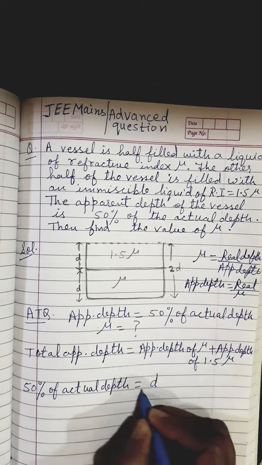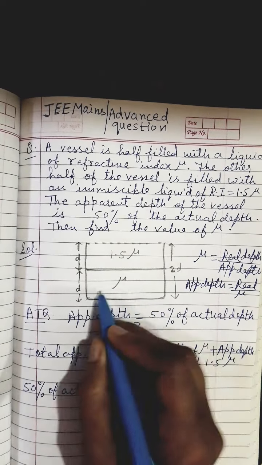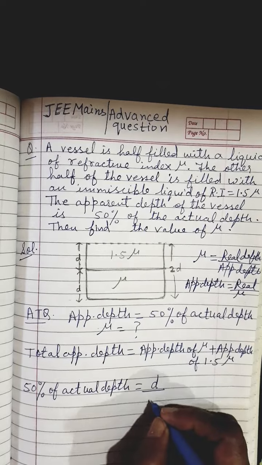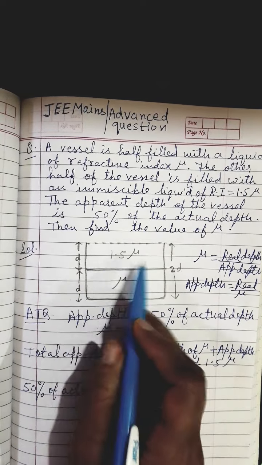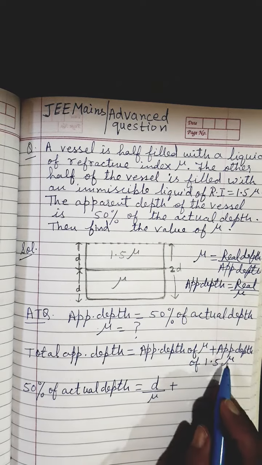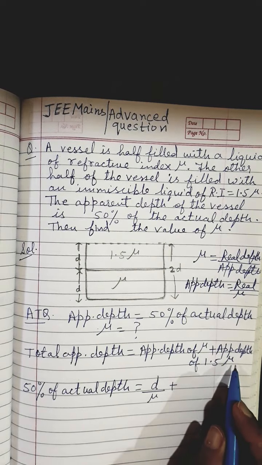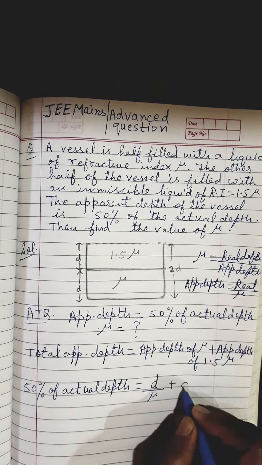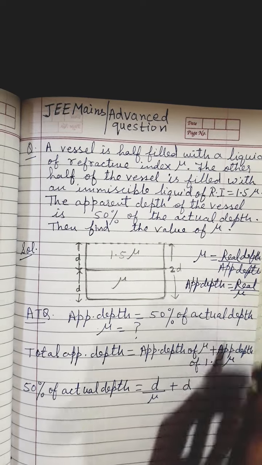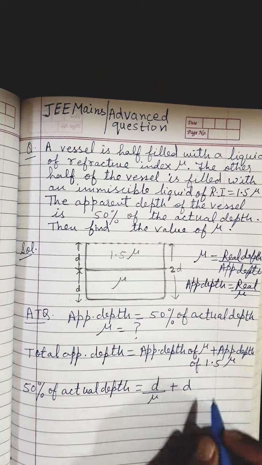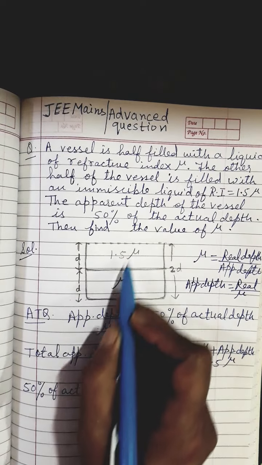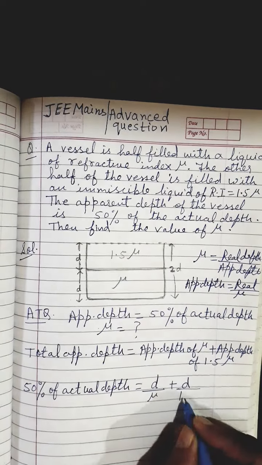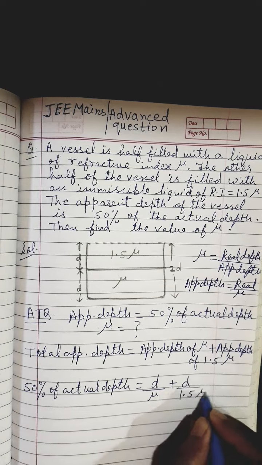So real depth divided by mu, for the lower liquid it is mu, plus now come to the second half, liquid 1.5 mu, apparent depth of 1.5 mu is real upon mu. So real depth here is also small d, divided by the refractive index of the upper half liquid, 1.5 mu. So this becomes our equation.